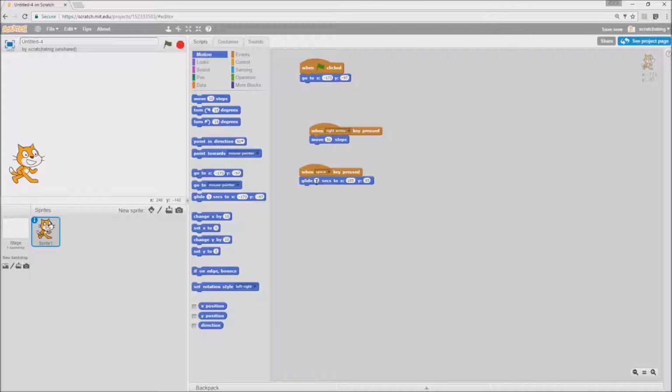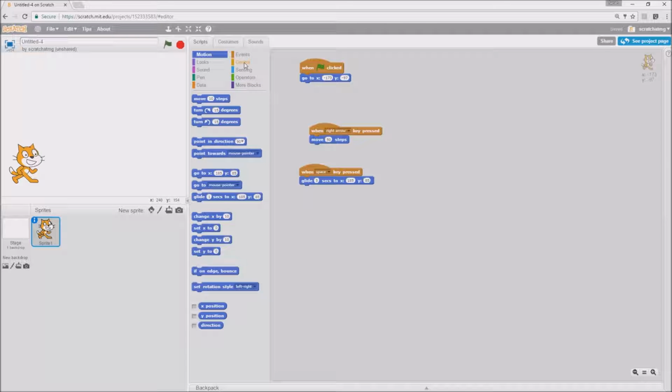So he'll go a little bit slower. 1 second would be a little fast. So let's press the space bar. And there he goes. He's gliding to X 185 and Y 85. So if we click the green flag, he's going to go back to his starting position.